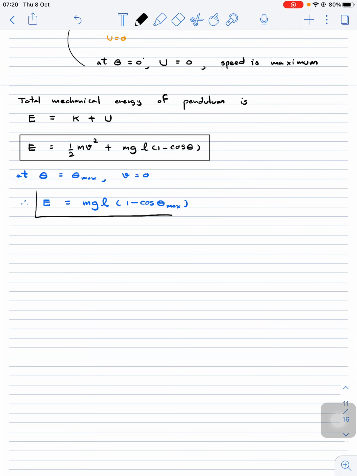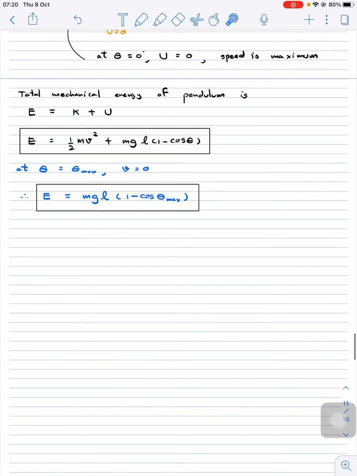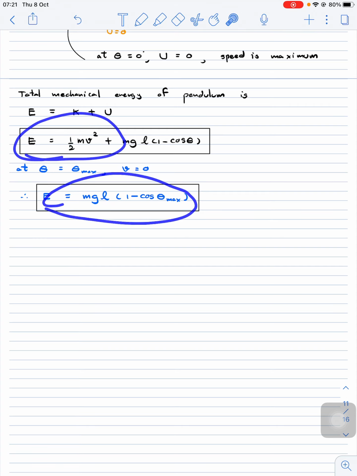So this is going to be the total mechanical energy of our system, which must be constant. Then in this case, we can find the v max using this equation and these equations.